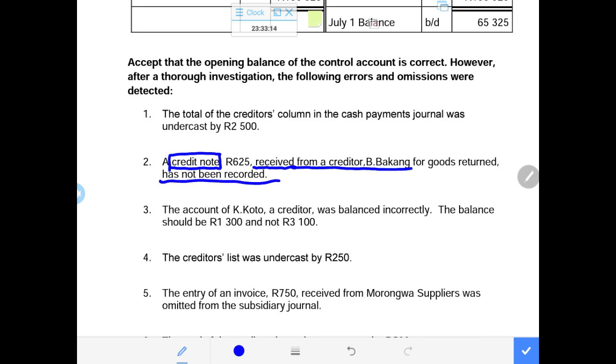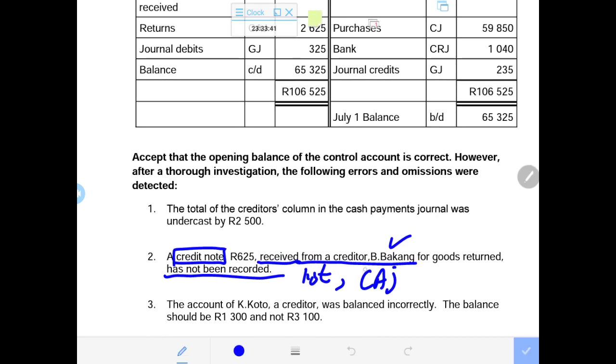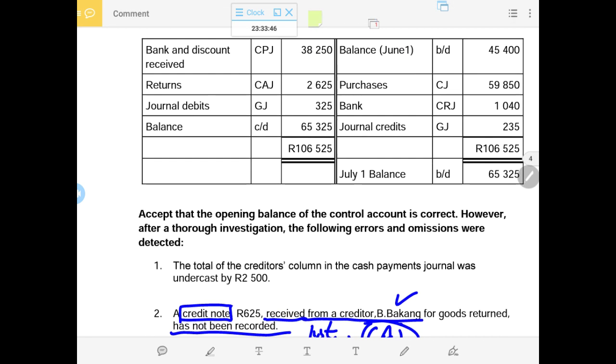So now they say this has not been recorded. They don't say it was not recorded in the creditors list or not recorded in the creditors allowance journal. So now that means our list of creditors, we need to record this, and also under our creditors allowance journal, where we are recording every return of goods back to our suppliers. So now we need to check if creditors allowance journal needs to be affected. That means creditors control column.